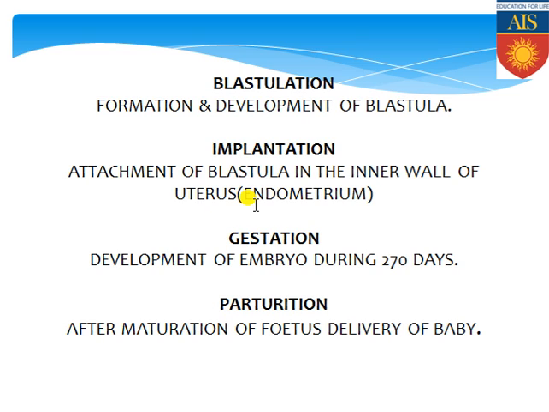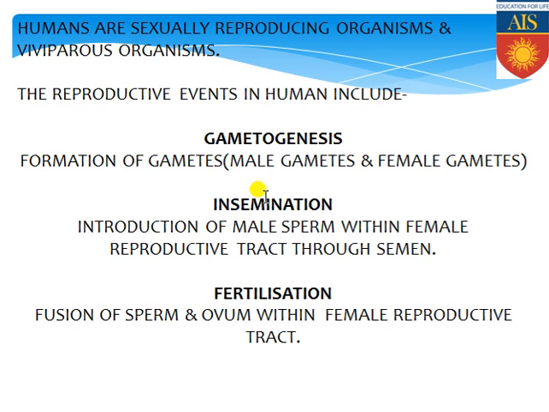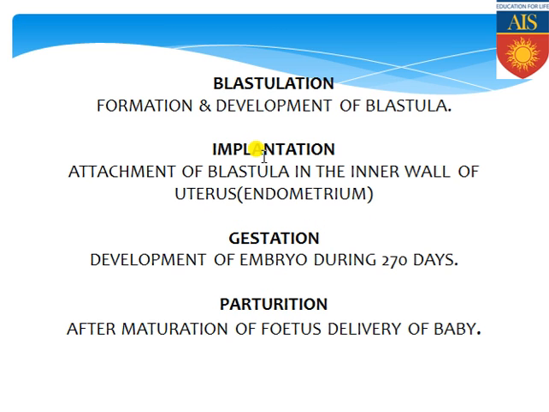So in these two slides, the steps of reproduction in humans I have told you are gametogenesis, insemination, fertilization, blastulation, implantation, gestation and parturition. I think all these steps are very clear to each and every student.